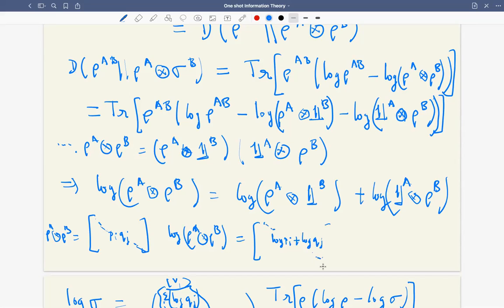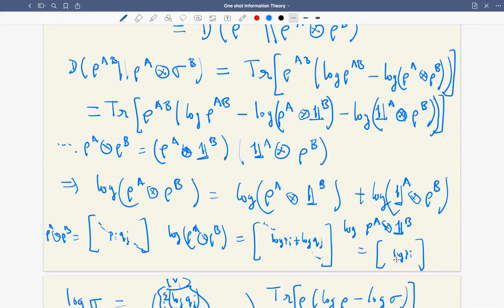But what is the log of rho A tensor identity B? The corresponding entry here will just be log p_i. This is a diagonal entry corresponding to the ith eigenvector of rho and the jth eigenvector of sigma.